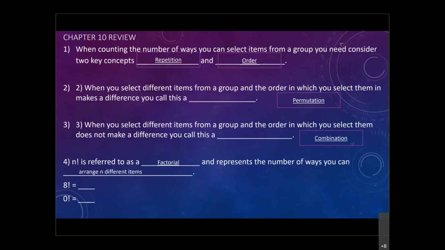What is 8 factorial? It tells you that you have 8 items, and how many ways can you arrange them in first, second, third, fourth, and so on. 8 factorial is 8 times 7 times 6 times 5 times 4 times 3 times 2 times 1. On your calculator, you just press 8 exclamation mark, and you should have 40,320 different ways.